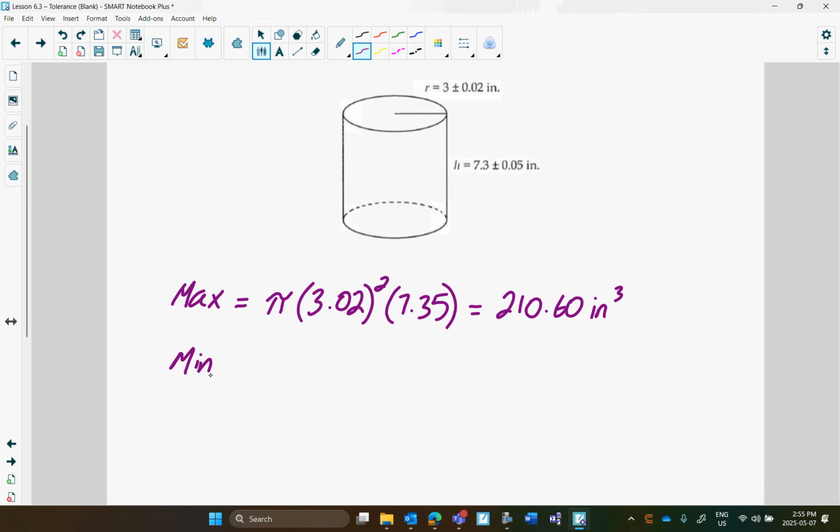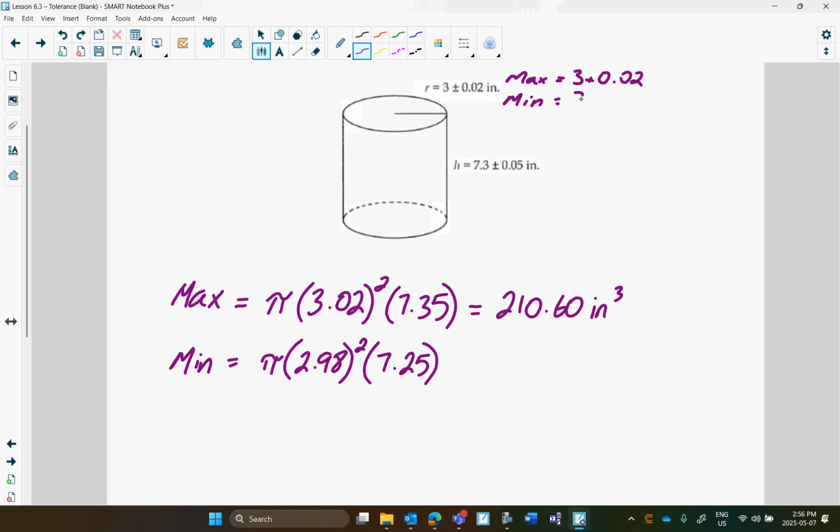The minimum volume would be pi times the minimum radius, which is 2.98 squared, times the minimum height, 7.25. I'm just going to write max is 3 plus 0.02, just so we know where those numbers are coming from.